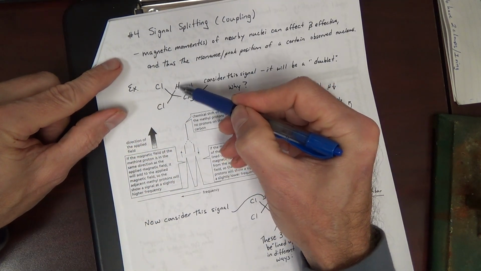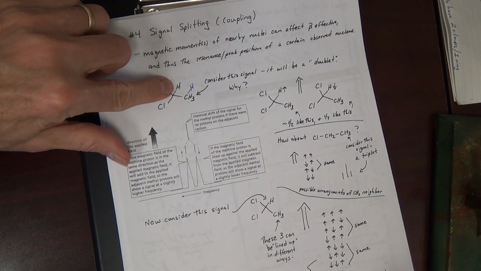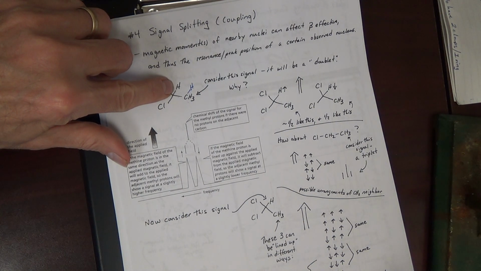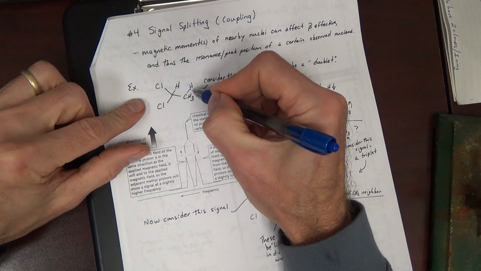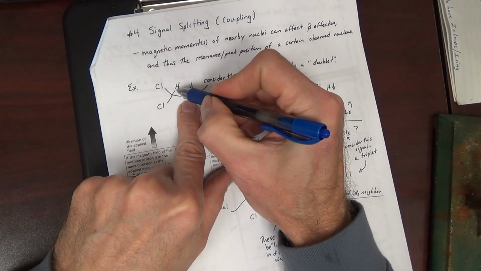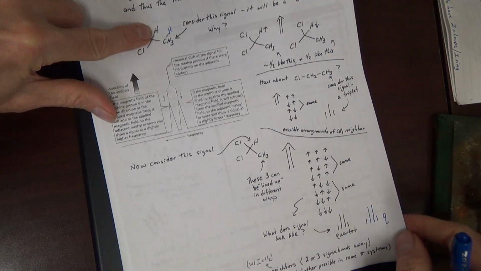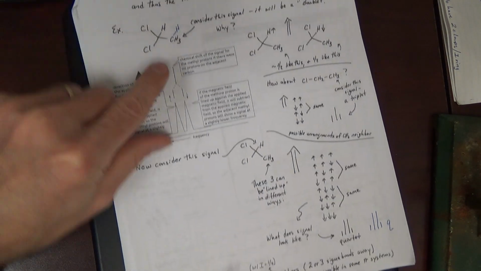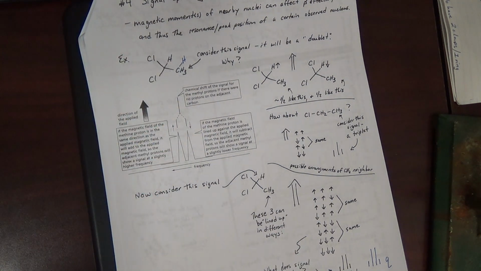Within 3 sigma bonds, there's another NMR active nucleus. Now these H's are the same. The neighbors, there's one of them. So N is 1. 1 plus 1 is 2. So we expect this CH3 to be 2 lines, and that's a doublet.